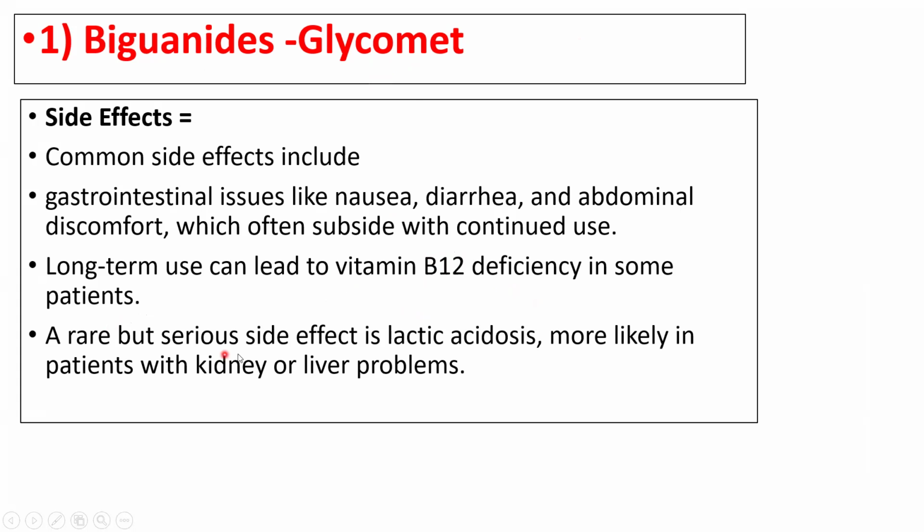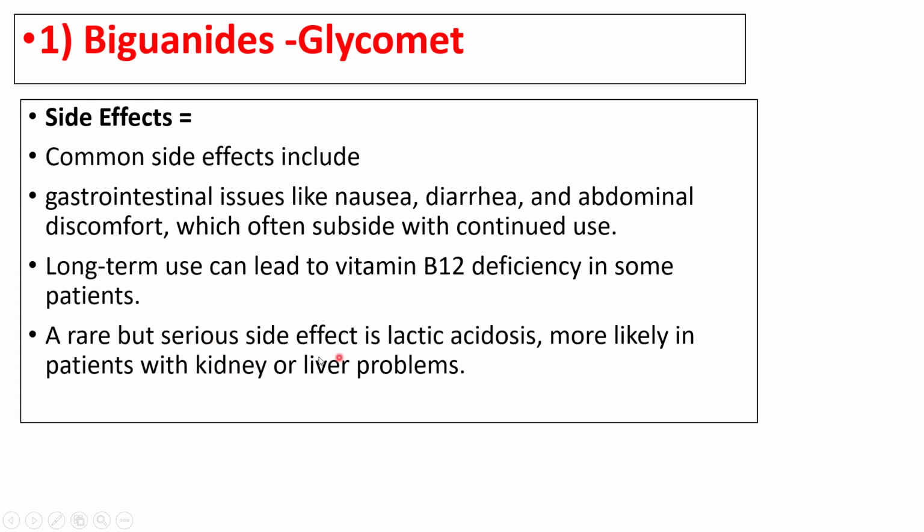Now, a rare but serious side effect is lactic acidosis. For example, if any patient is having a kidney problem or already a liver problem, chronic renal failure, acute renal failure, nephrotic syndrome, urinary tract infections, pyelonephritis. All I am talking about are kidney problems.